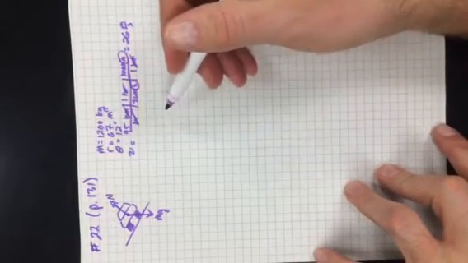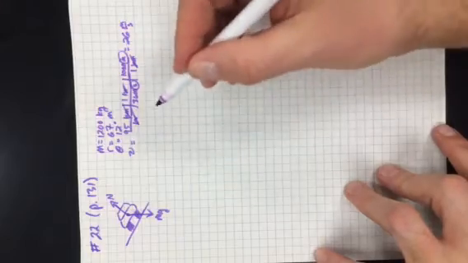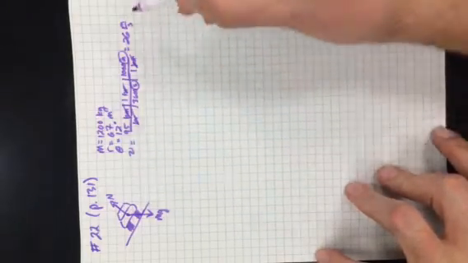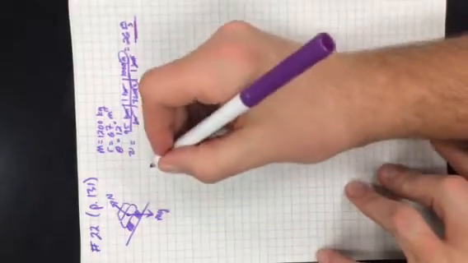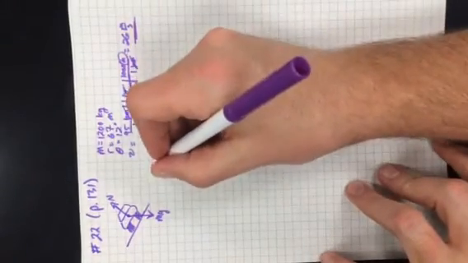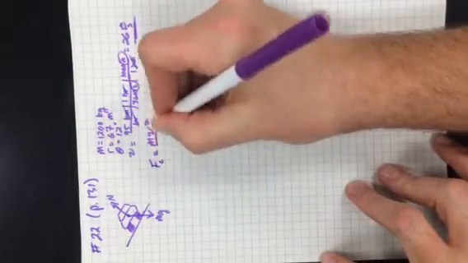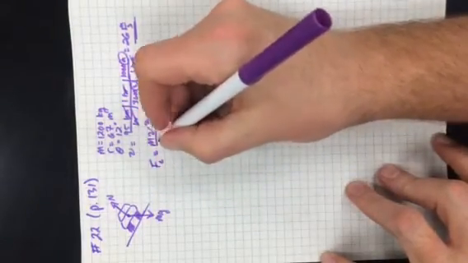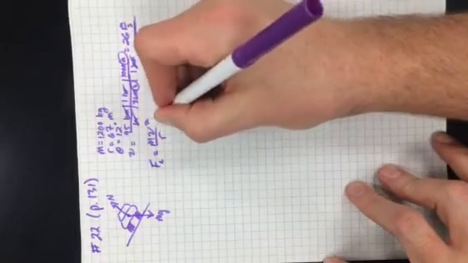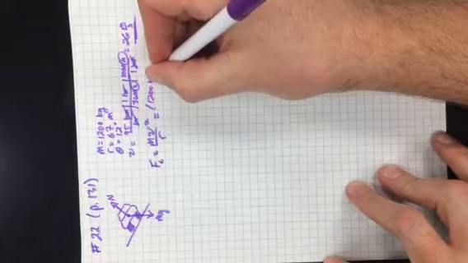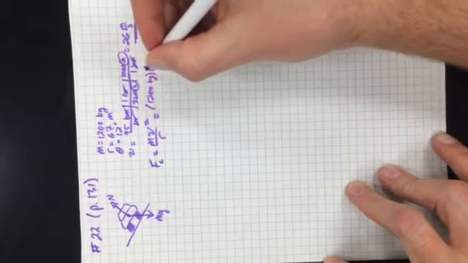So the first thing I would do is figure out exactly how much centripetal force it's going to take to keep this car on the road at that speed. Remembering that centripetal force equation is mass times the tangential speed squared divided by the radius of the curve. I know that the mass is 1,200 kilograms.